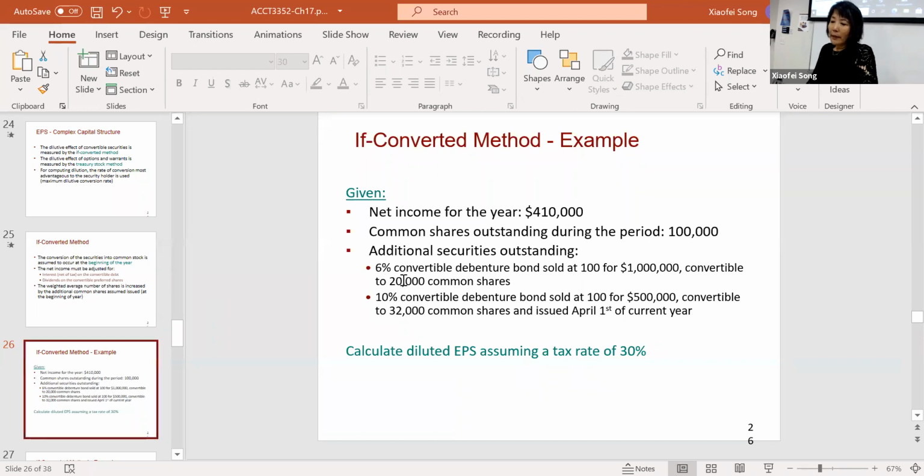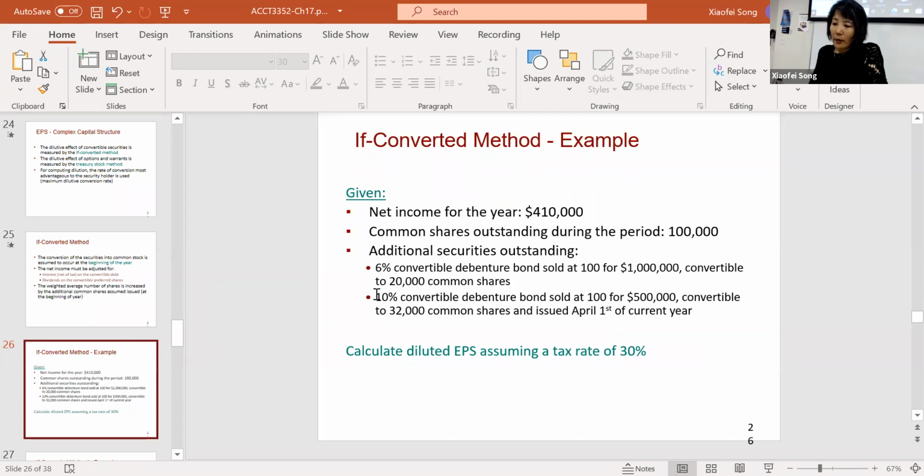Net income is $410,000. Common shares outstanding during the period are 100,000. Additional securities outstanding: we have 6% convertible debenture bonds sold at 100 for $1 million, convertible to 20,000 common shares.